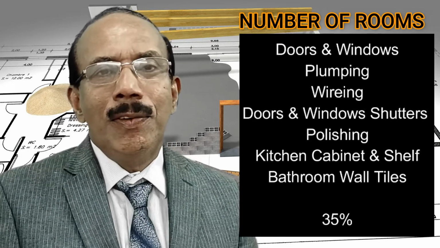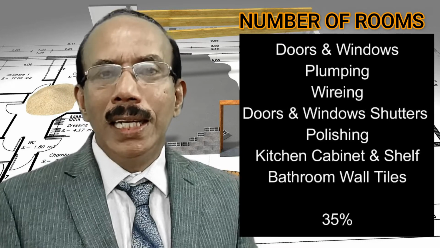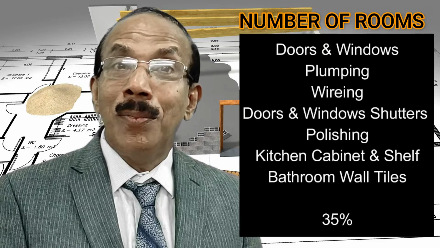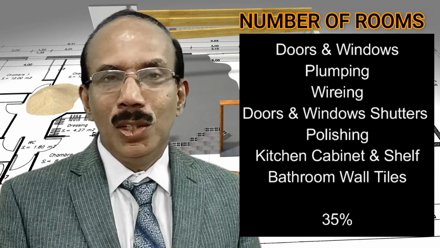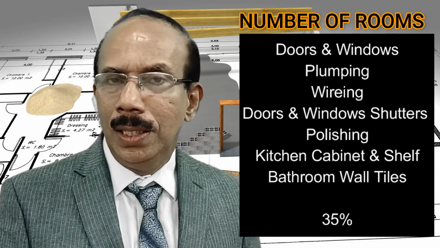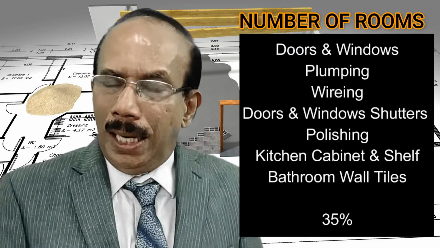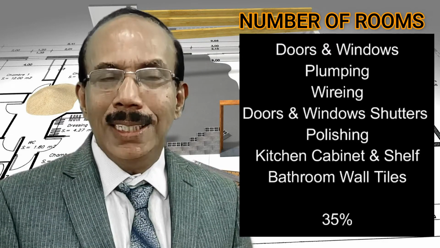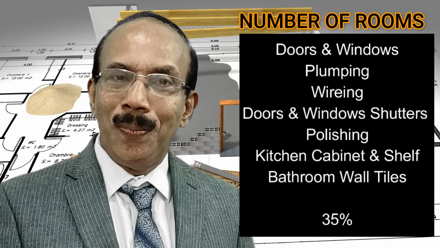So totally 7 parts of a building are depending on the number of rooms. The cost is different for different parts. Still, the average will be 7 into 5% each, 35%.